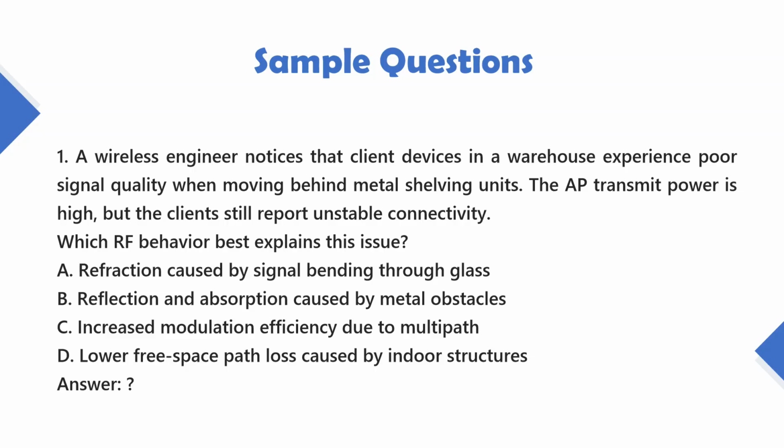A. Refraction caused by signal bending through glass. B. Reflection and absorption caused by metal obstacles. C. Increased modulation efficiency due to multipath. D. Lower free space path loss caused by indoor structures.